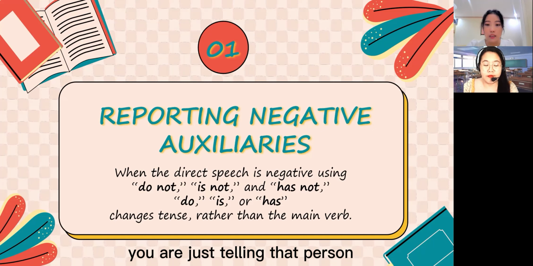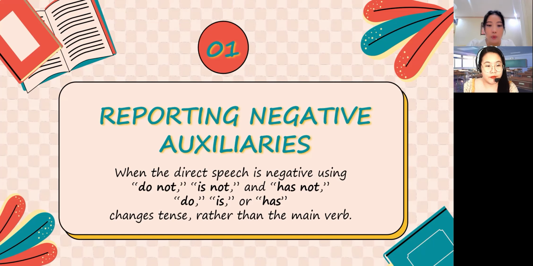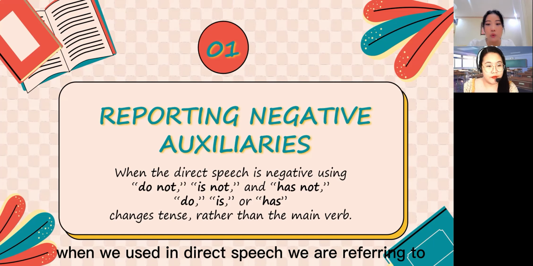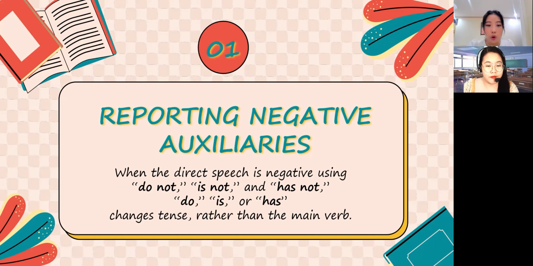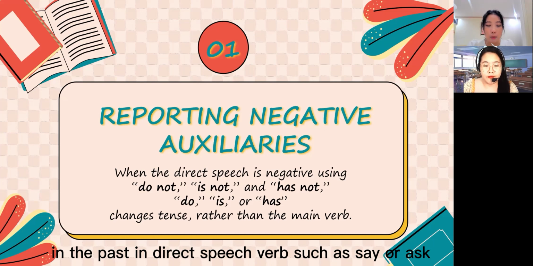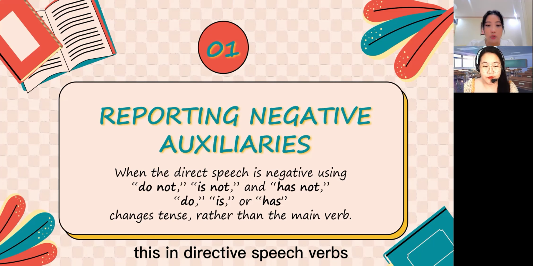You are just telling that person what somebody did. When we use indirect speech, we are referring to what we or others have said in the past. Indirect speech verbs such as say or ask are used to report what is being said to others.